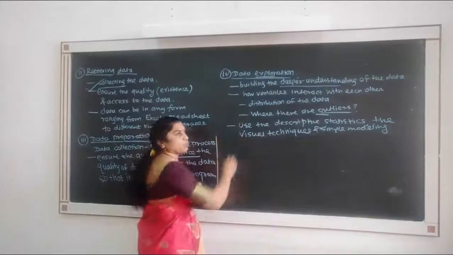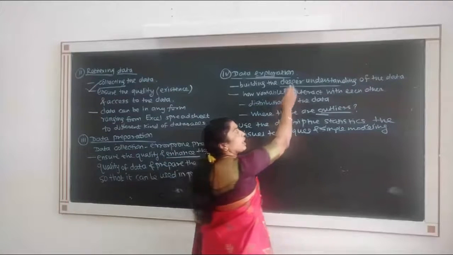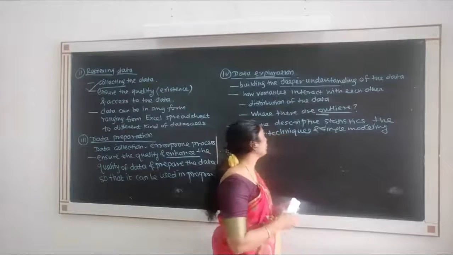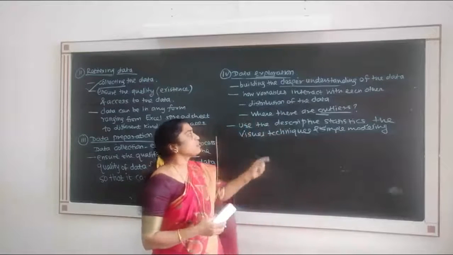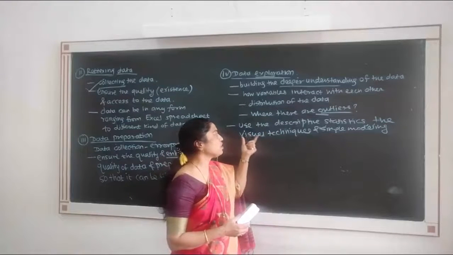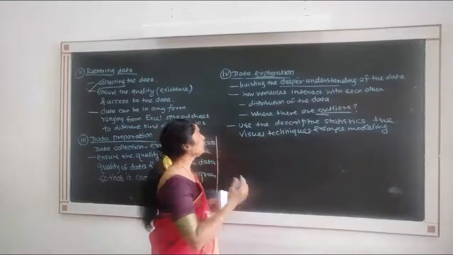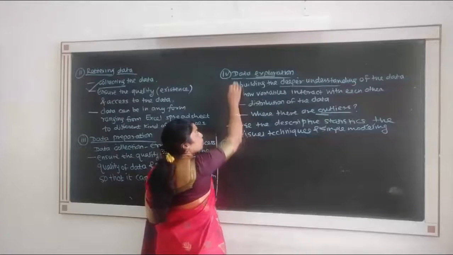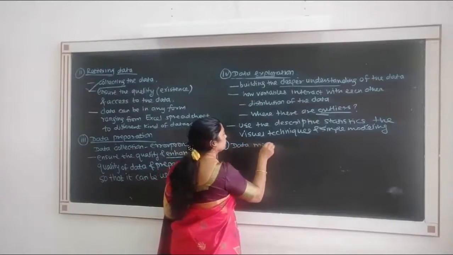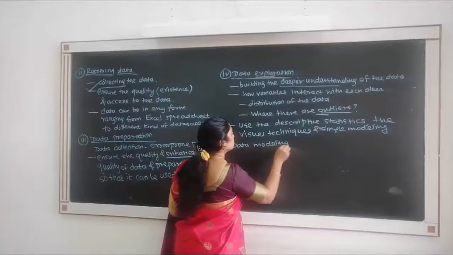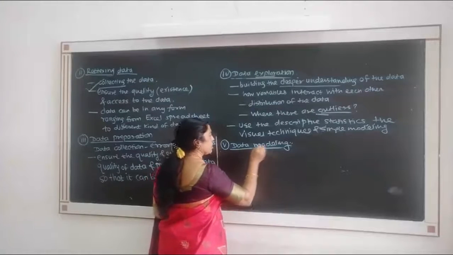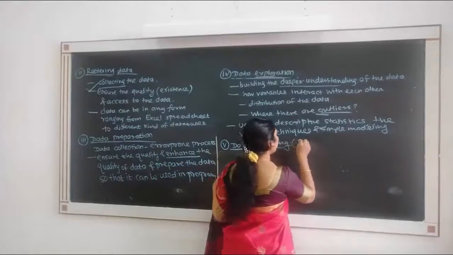So in data exploration, we get a deeper understanding of the data, how the variables interact with each other, whether there are outliers, and to find all these, we use descriptive statistics, visual techniques, and some simple modeling. The fifth step is nothing but data modeling, or you can say model building.